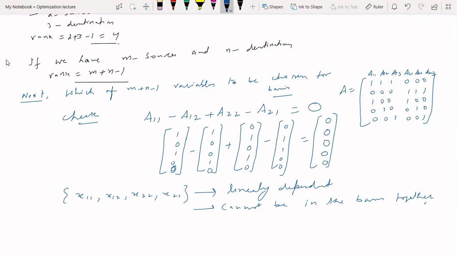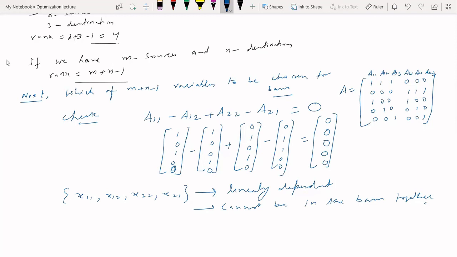So it is possible to observe from this A matrix which of the variables are linearly dependent, that is, whose linear combination gives me 0. Here a linear combination gives 0 in the case of A11, A12, A22, A21. So these four variables are linearly dependent, so they cannot form a basis.